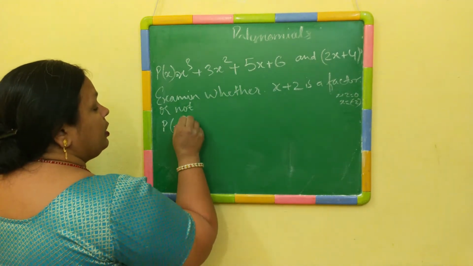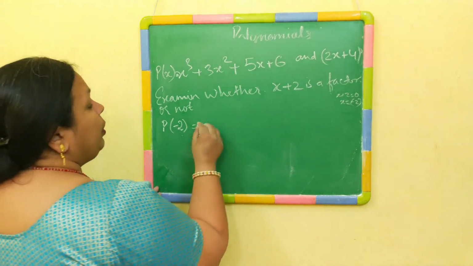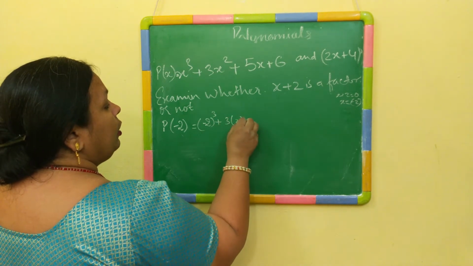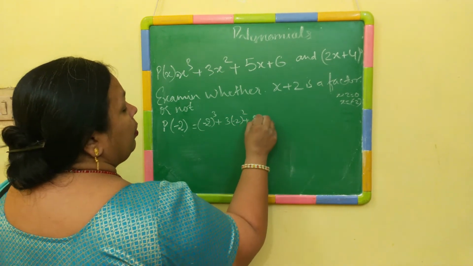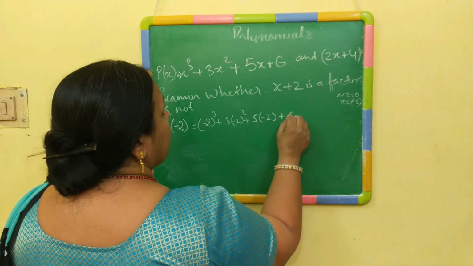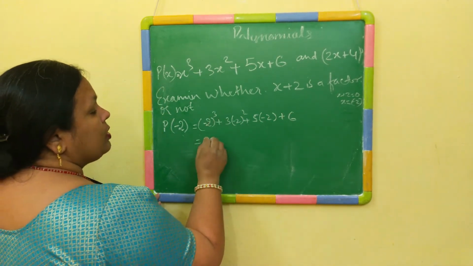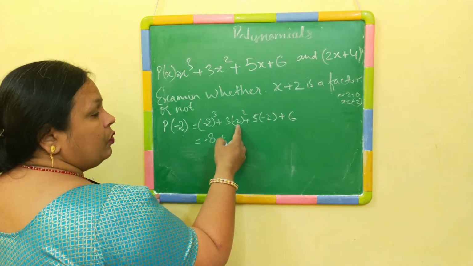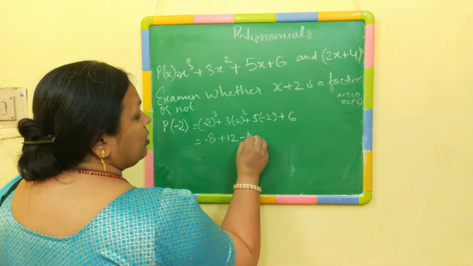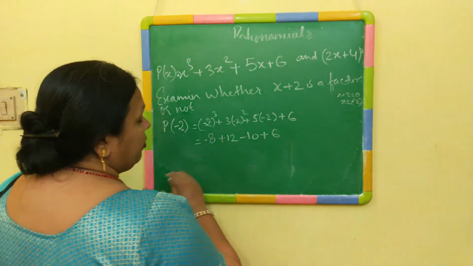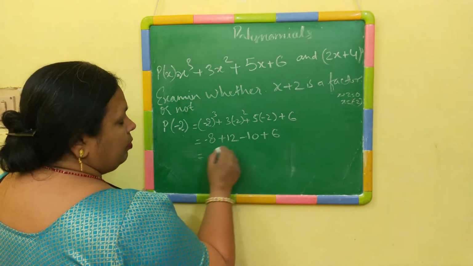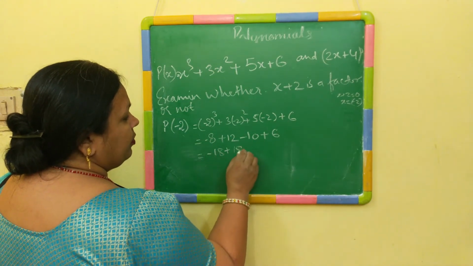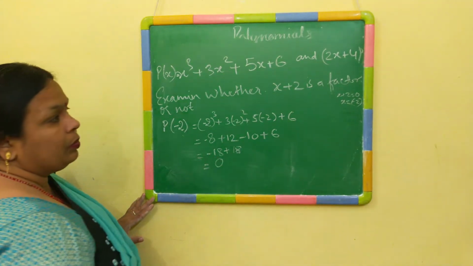We will be substituting p(minus 2). P(minus 2) is minus 2 whole cube plus 3 into minus 2 whole square plus 5 into minus 2 plus 6, which gives minus 8 plus 3 into 4, that is 12, then minus 10, and plus 6. So minus 8 minus 10 is minus 18, and this becomes 18. You are getting it as 0.